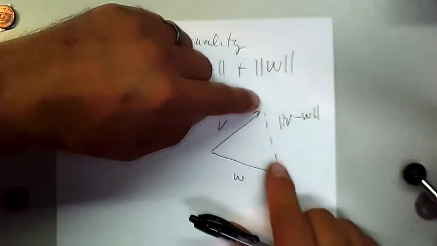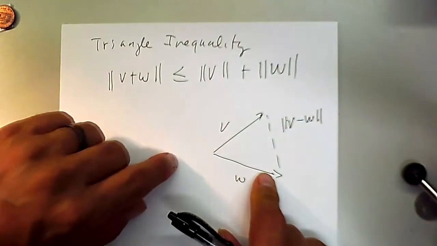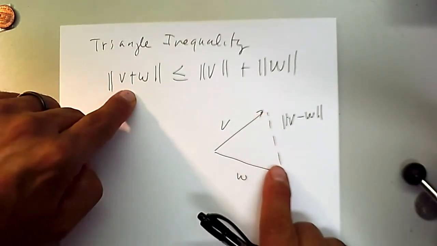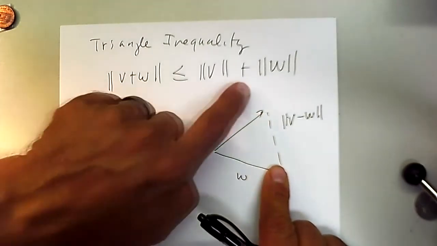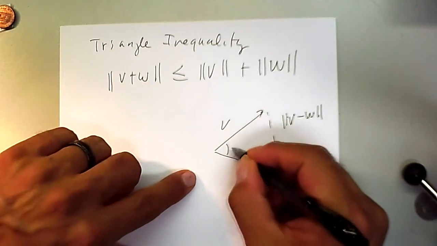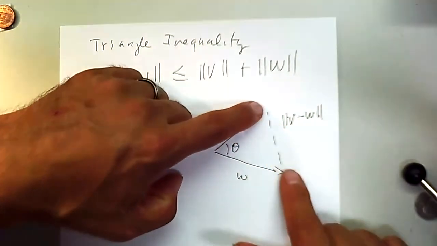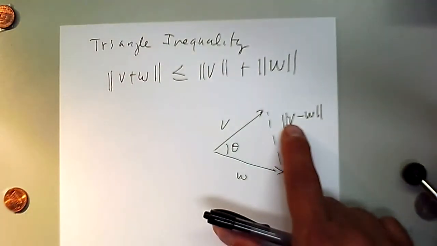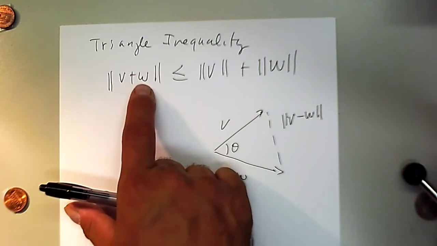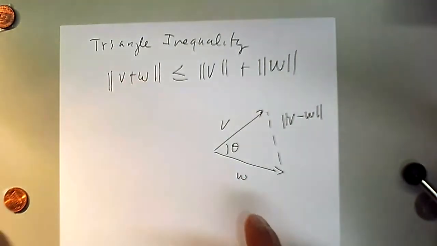Well, this can be as long as those two put together, but not longer. So that's what we're saying here. The third side of this triangle cannot be any longer than those two together. So this angle can open out only to 180 degrees, in which case this would be maximum. And you're saying, well, wait a minute, you have V minus W, and here you have V plus W. Well, that's the way the triangle inequality works.